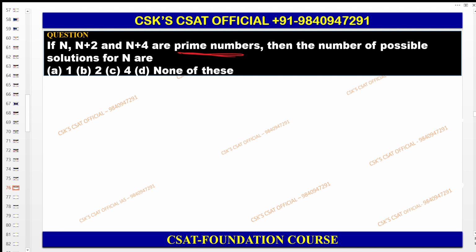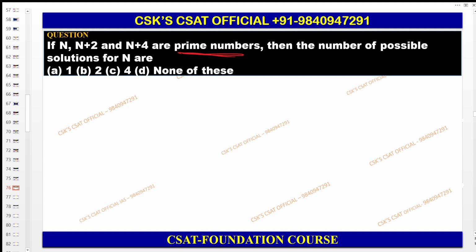The question is dealing with the number of possible solutions for n. Ashina giving 1, n is equal to 3.